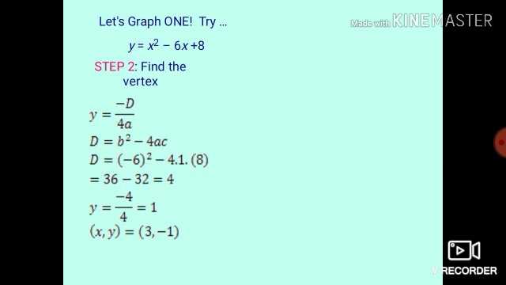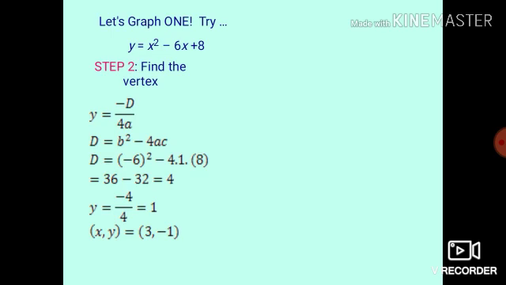So 36 subtracted by 32 is 4. So the value of y is -4 divided by 4 times a. a is 1. So the value of y is -4 divided by 4 times 1, which is -1.